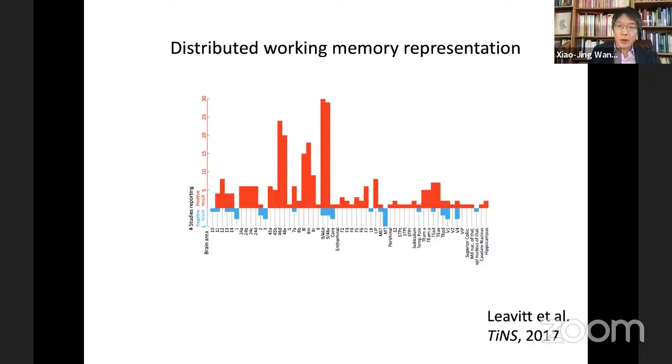This is summarized in a very nice review showing the literature as a kind of meta-analysis about which areas in the macaque cortical system tend to show delay activity in red, which areas tend not to show delay activity in blue, or absent of data. So working memory representation is not localized in one particular brain region, and we want to understand how that works.